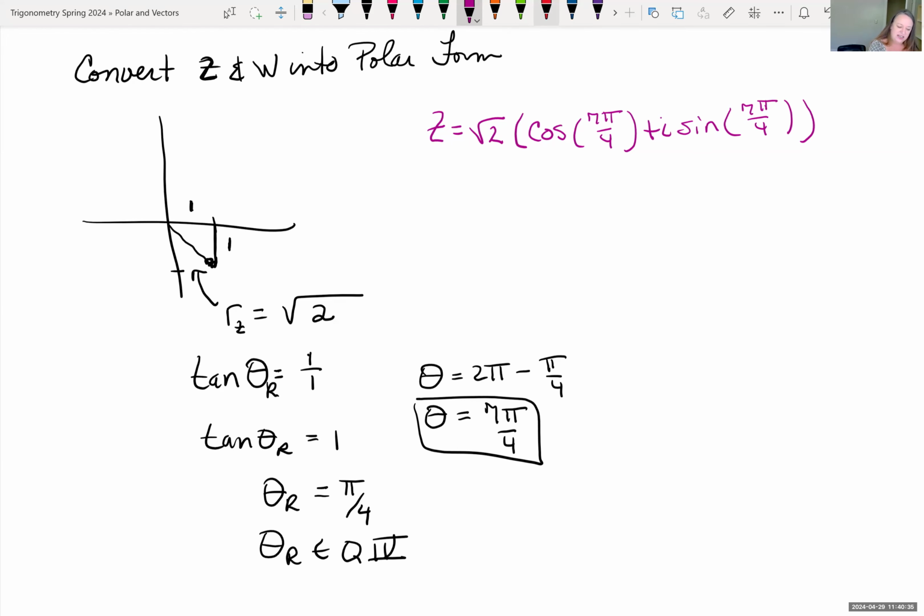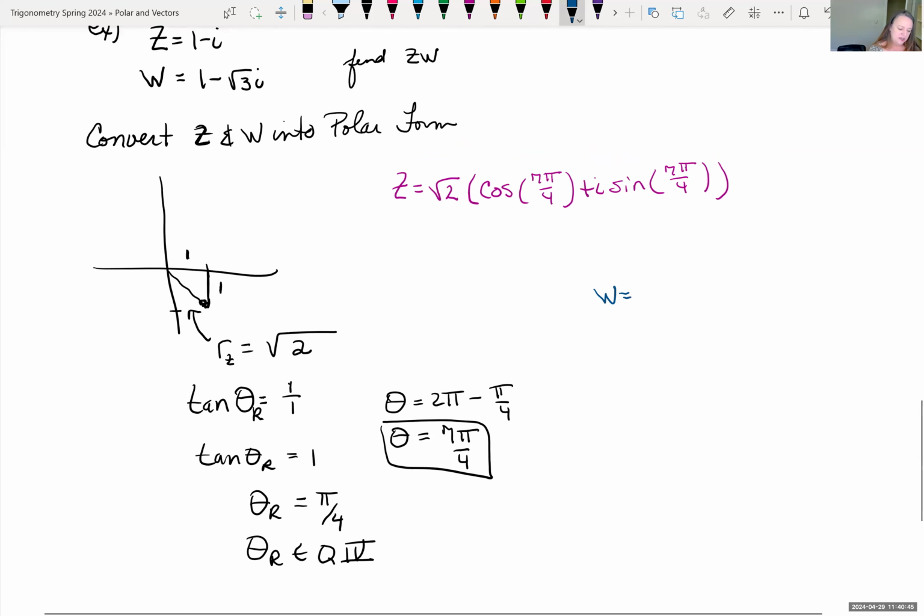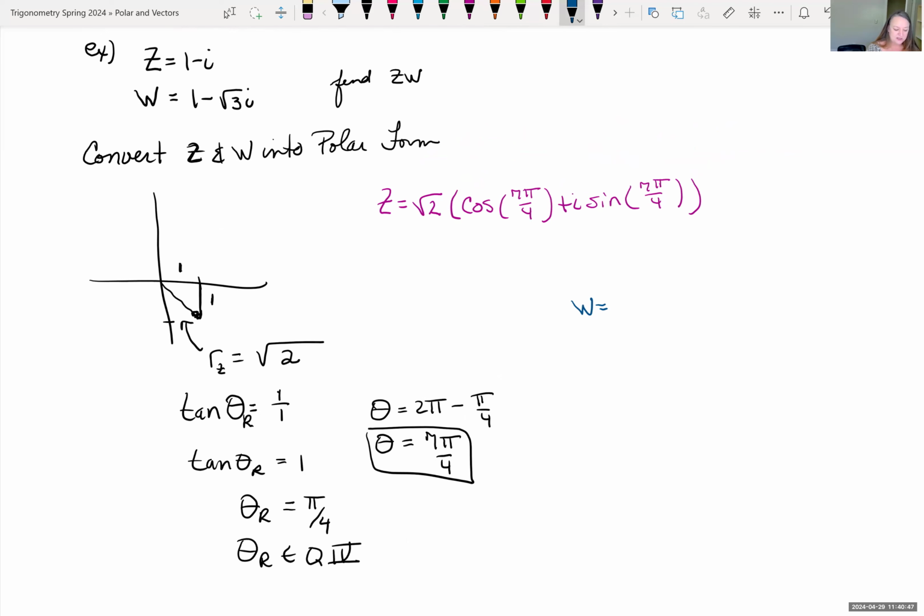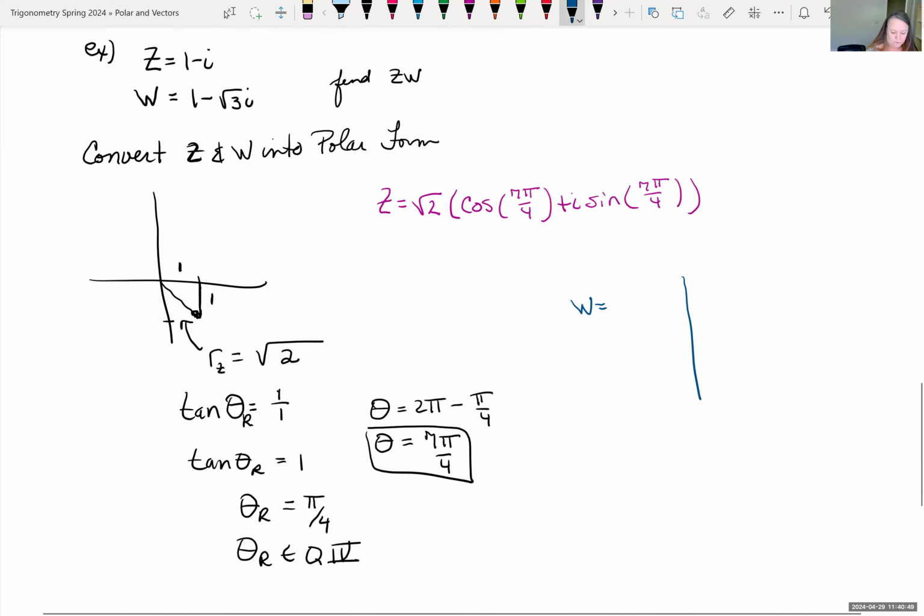Okay, so now let's look at w. w, as given, was 1 minus root 3 i. So go over 1, down root 3.